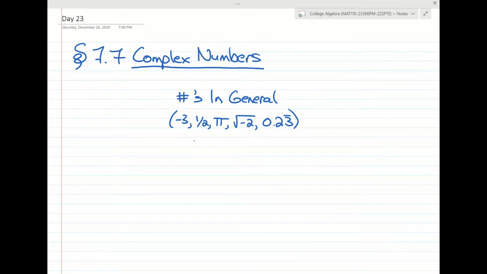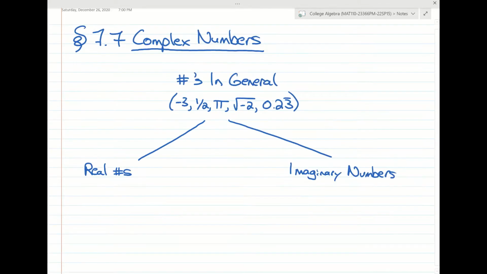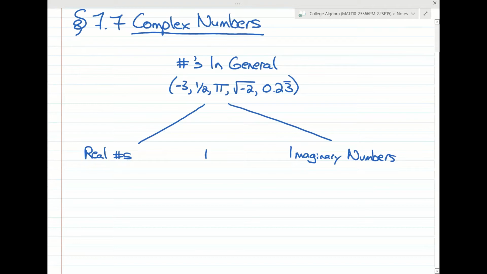From there, we have two different types of numbers. We have what are called real numbers, and we have what are called imaginary numbers. The combination of these two is called a complex number.